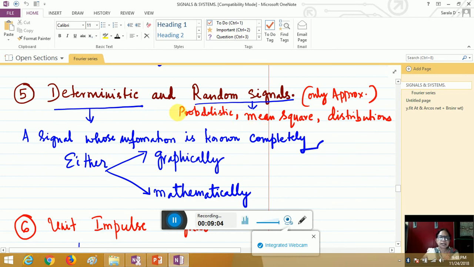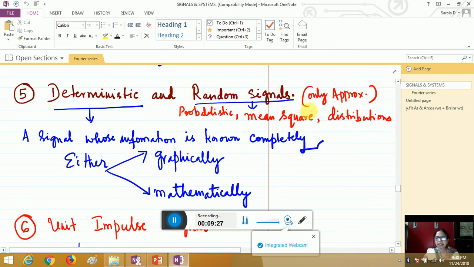Next we have deterministic and random signals. A signal whose function or whose information is known completely is deterministic. That can be represented either graphically or mathematically.